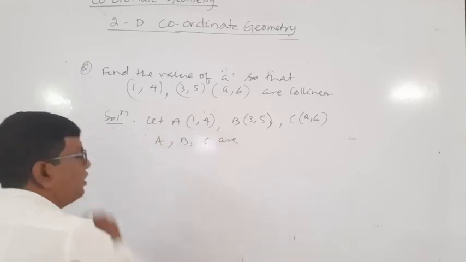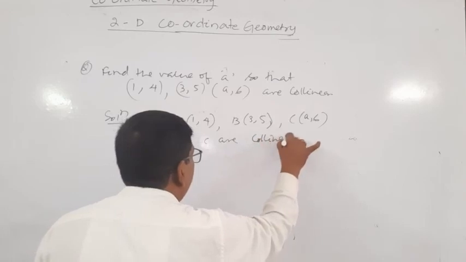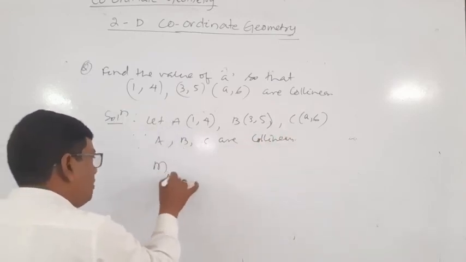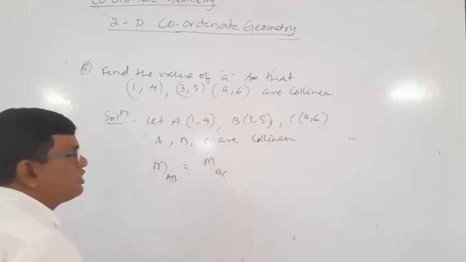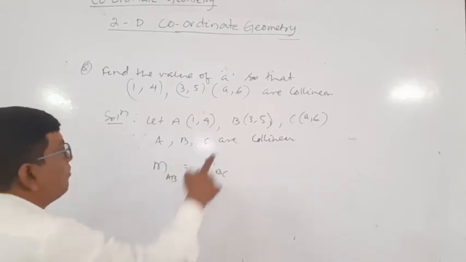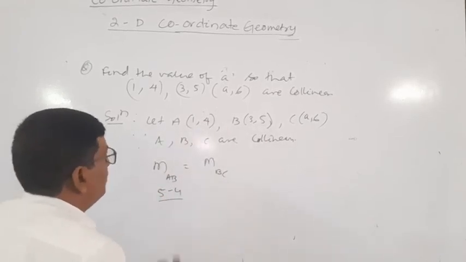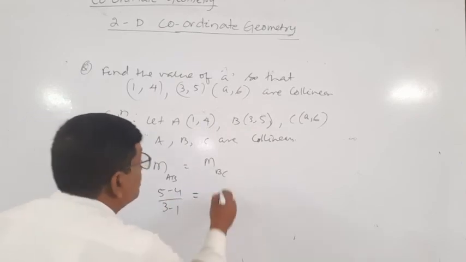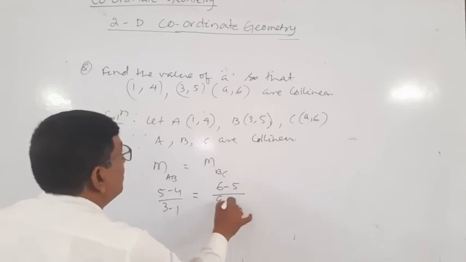Since A, B, C are collinear, we can write the slope of AB equals the slope of BC. Now what is MAB? That is (5 minus 4) divided by (3 minus 1) is equal to (6 minus 5) divided by (A minus 3).